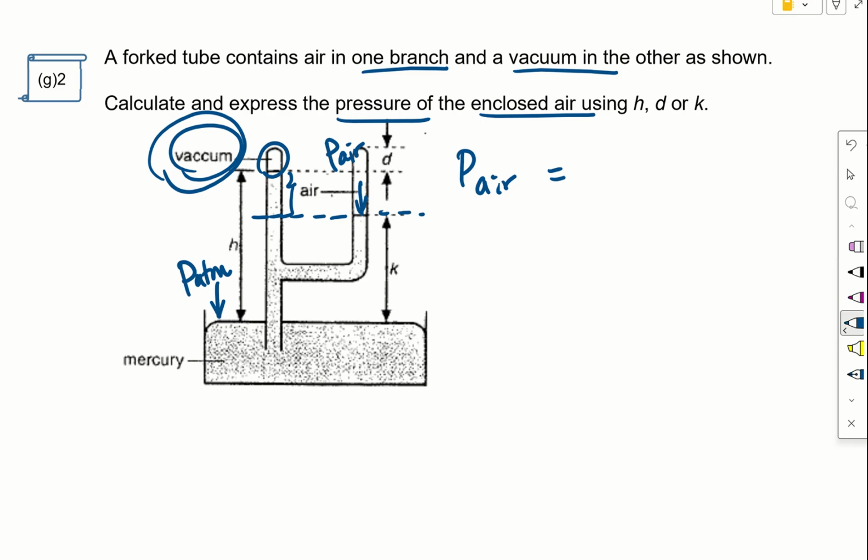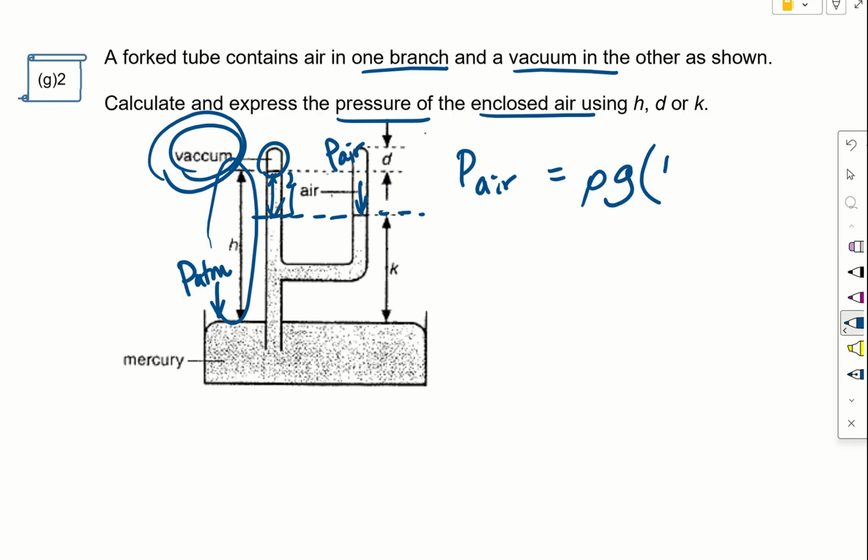So it is equal to, due to the liquid, let's say density, and the g, and the height is not this entire height, it is the height above this level that we chose.